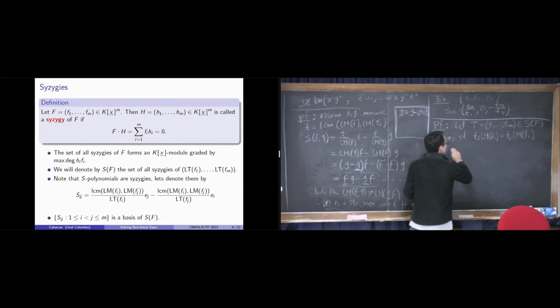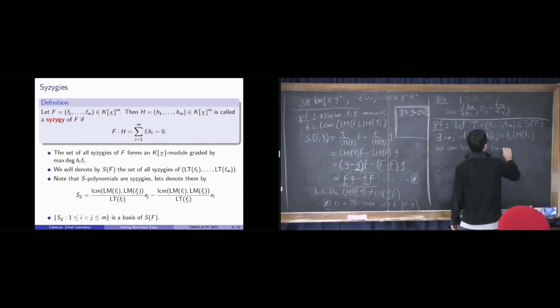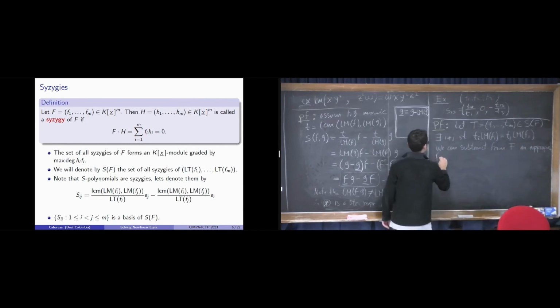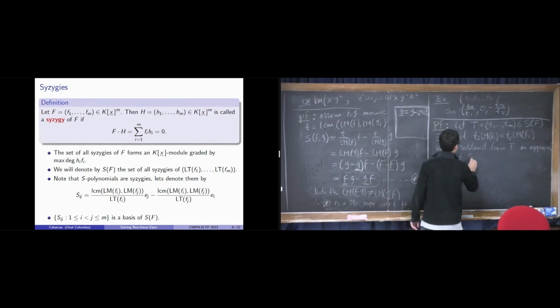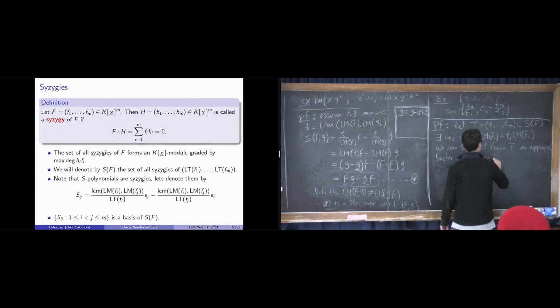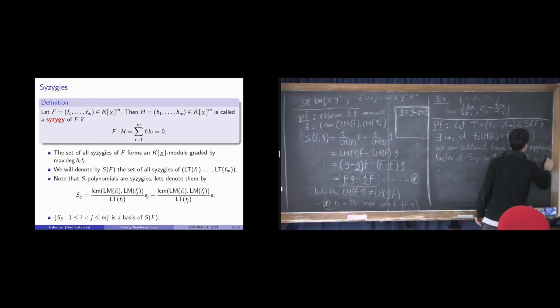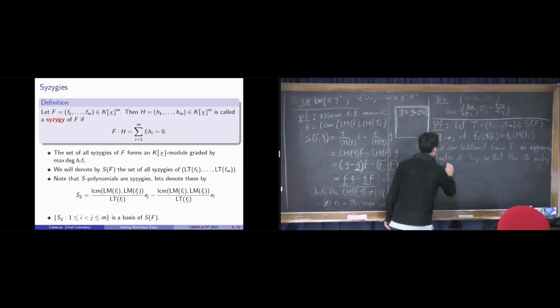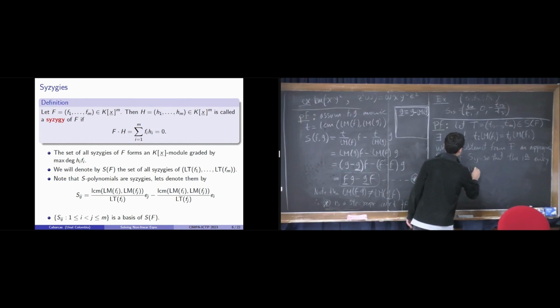This is not exactly a proof, but we can subtract from T an appropriate factor of Sij so that the ith entry of T cancels.